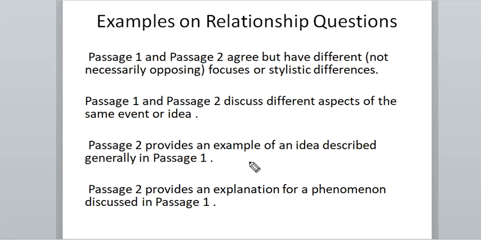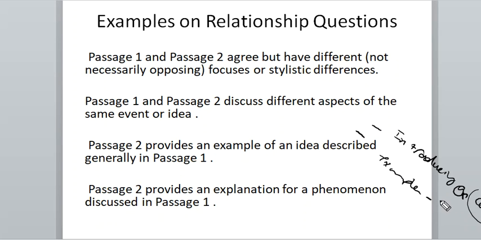Passage 2 provides an example of an idea described generally in passage 1. So let's say passage 1 is introducing a concept or an idea or a subject, and in passage 2 there is rather an elaboration or an explanation of this concept or this argument. So it's providing examples, supporting details.